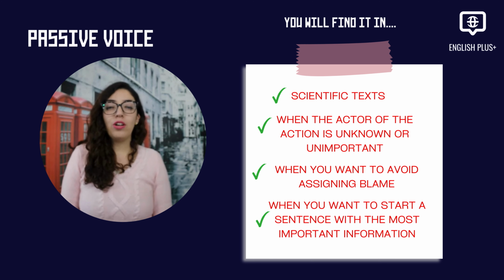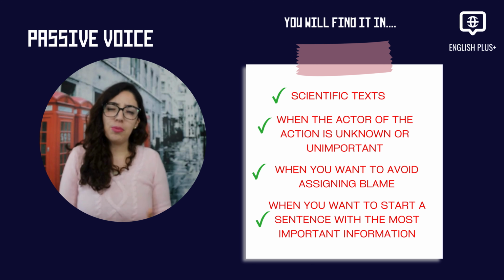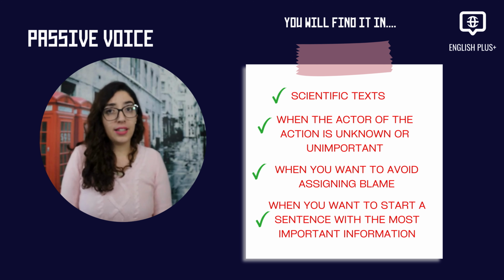Today we are going to learn how to emphasize more the object or the action rather than the subject of a sentence. This is passive voice. You will find passive voice in scientific texts when the actor of an action is unknown or unimportant.